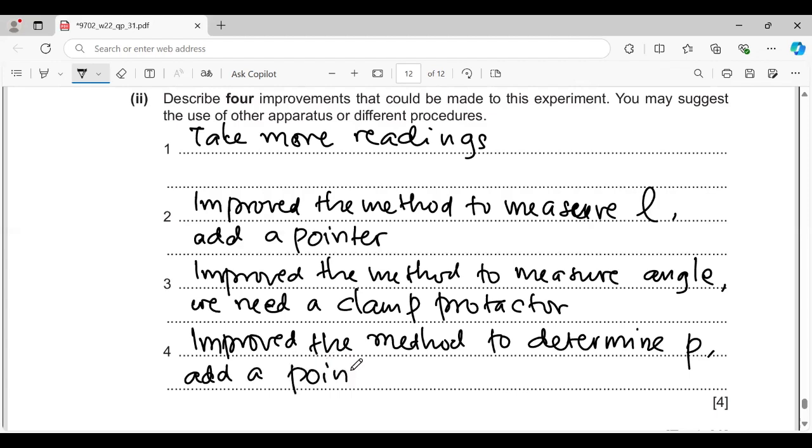So if we have a pointer on a pendulum or on the clay, we can ensure which area is the center of the pendulum or the center of the clay.